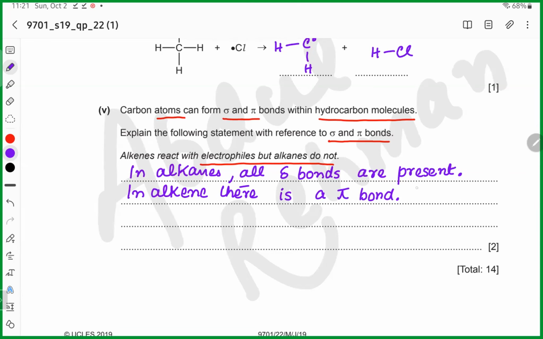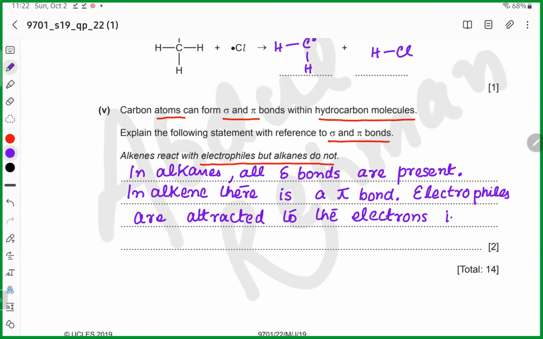And then we will write that the electrophiles react with alkenes, it means that electrophiles are attracted to the electrons involved in pi bonding.